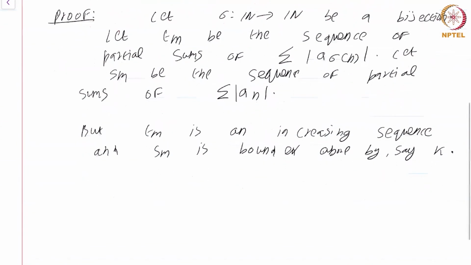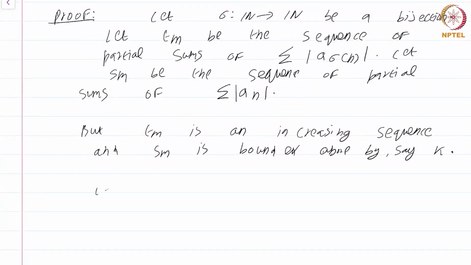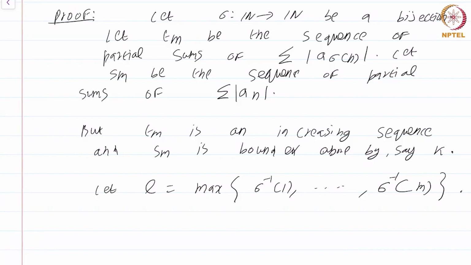Now what we do is the following. Let L be equal to the maximum of sigma inverse 1 through sigma inverse m. What I am doing is looking at where the first m terms of the rearranged series are coming from in the original series.